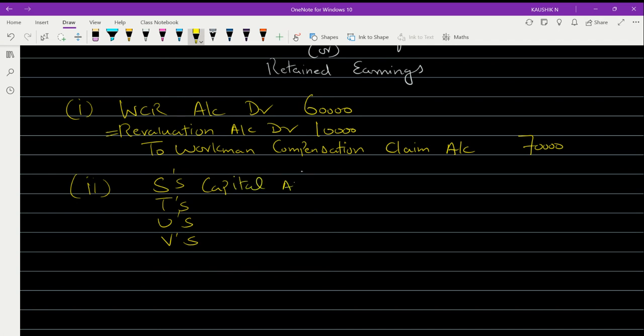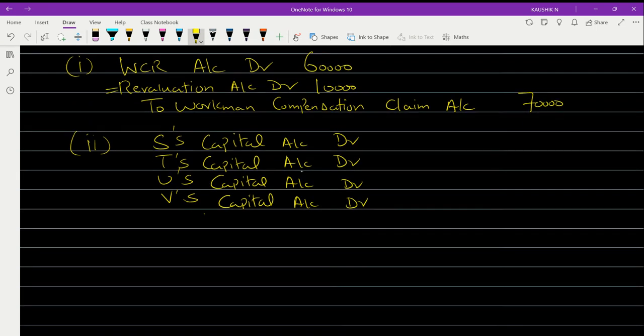S's capital account is debited, T's capital account is debited, U's capital account is debited, V's capital account is debited, to revaluation account. Now in the revaluation account you have 10,000, so record 10,000 over here.